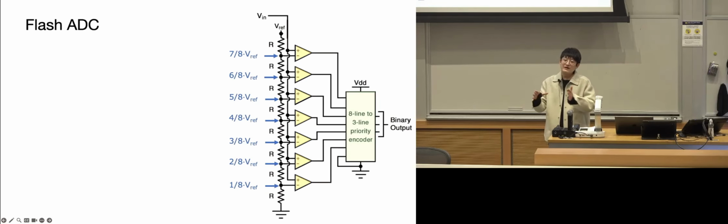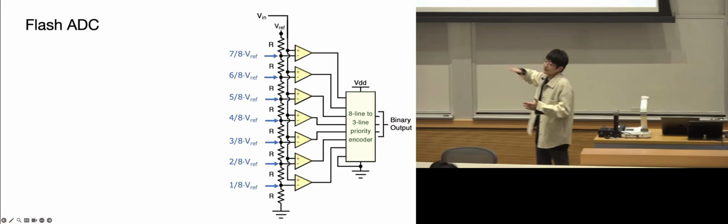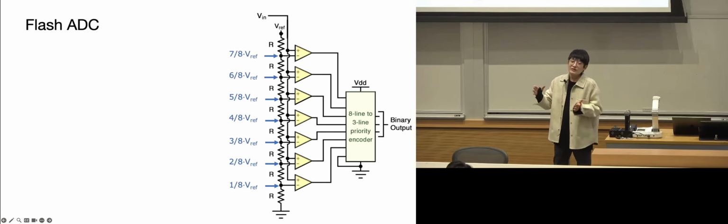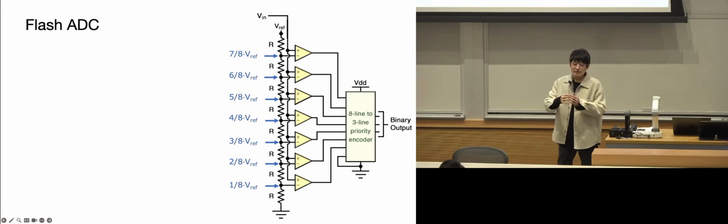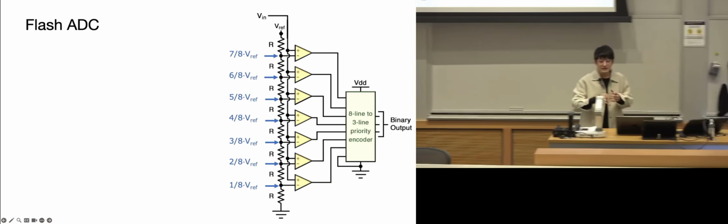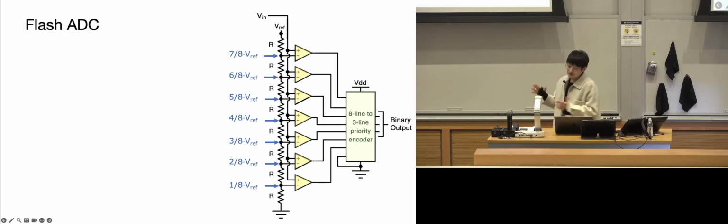So even though all the R's are supposed to be 1K, say they're 990 ohms, because they are fabricated in one batch, chances are all of them are around 990. So it doesn't affect the performance that much. And each of the nodes basically corresponds to one step of the value.